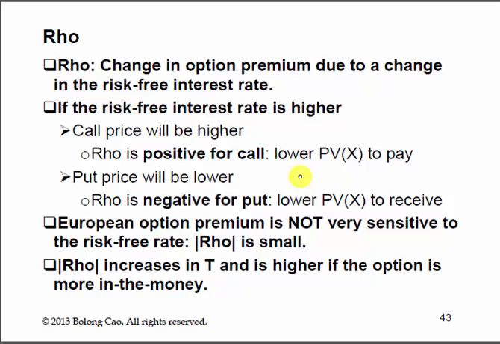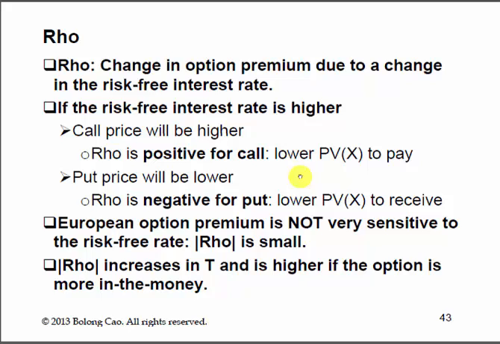When the call is in the money, you need to pay that strike price. But if the discount rate is high, the present value of that future payment is low. So the call option itself sort of gives you a good deal.